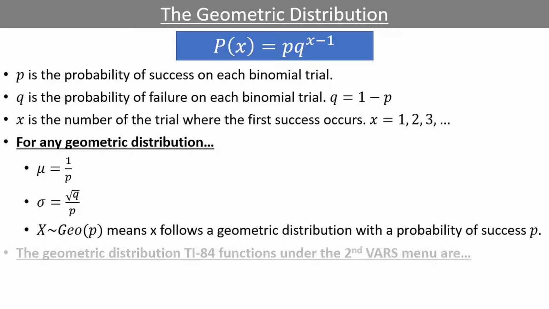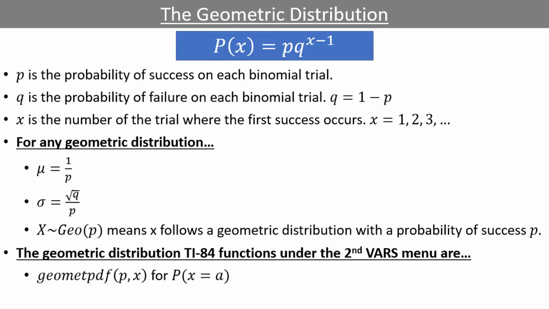Also know that the TI-84 calculator has a PDF and CDF function for the geometric distribution, just like for the binomial distribution, where geometpdf calculates the probability x is equal to some constant a, and geometcdf calculates the probability x is less than or equal to some constant a.